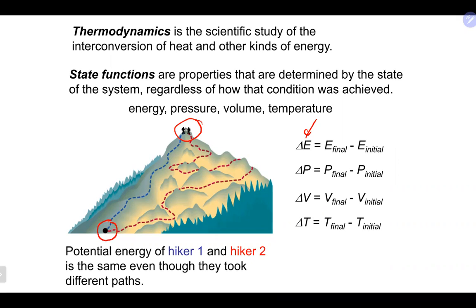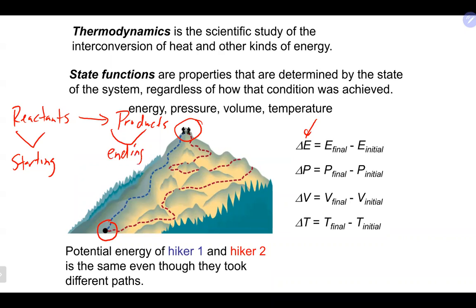When we talk about a chemical reaction, there are 2 parts to it. There are the reactants, and they go to the products. The reactants are your starting material, and the products are your ending material, or the stuff that is formed. A very common way that we calculate the change in energy is to add up all the energy of the products minus all the energy of the reactants.